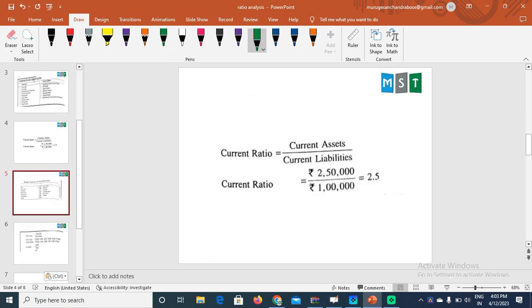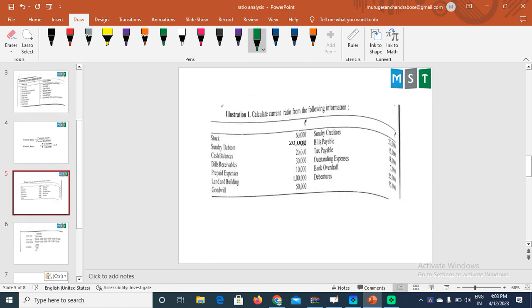Now we will see this sum. Our formula is current assets divided by current liabilities. What are all the current assets? The stock in hand, 60,000 rupees. Then sundry debtors, 70,000 rupees. Cash balance, 20,000 rupees. Bills receivable, 30,000. Prepaid expenses, 10,000. Land and building, 1 lakh.